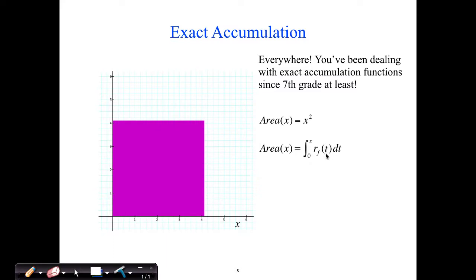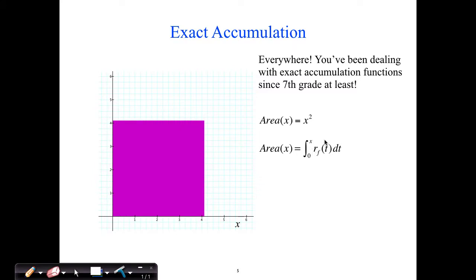So I'm going to let t take on all the values starting at 0. This would be a natural place for accumulation to start with a square, not negatives or 3 or something. We could write it in terms of starting at 3. But starting from 0, when I have 0 area, I can measure all the accumulation due to that rate function afterward by doing this rate of change of the area with respect to side length times a small change in the side length.